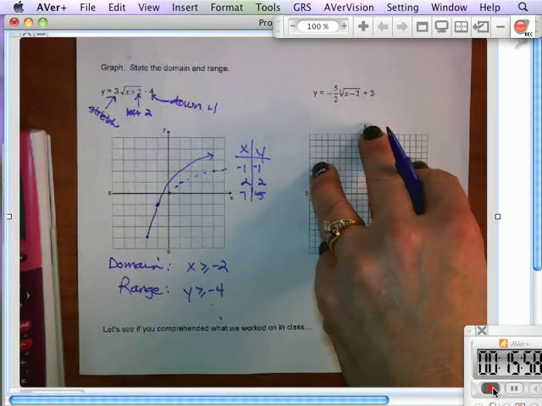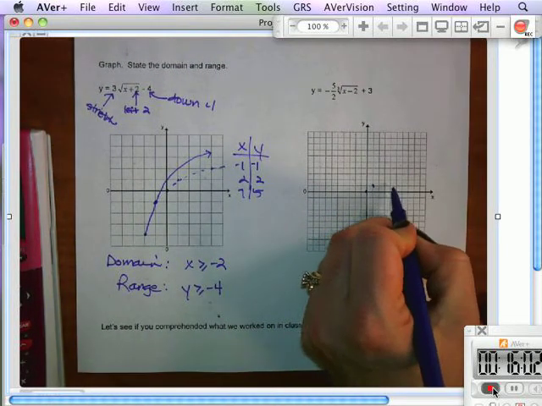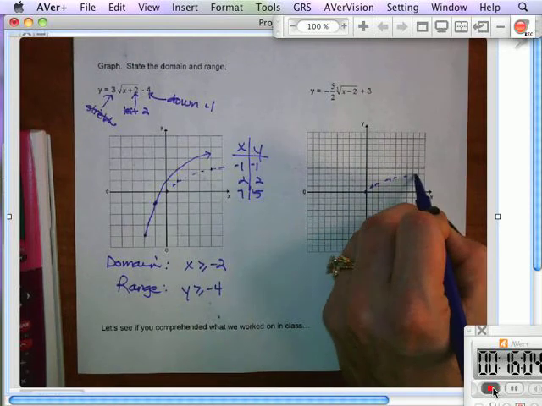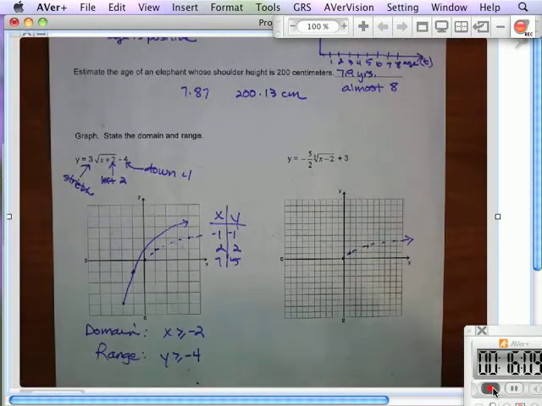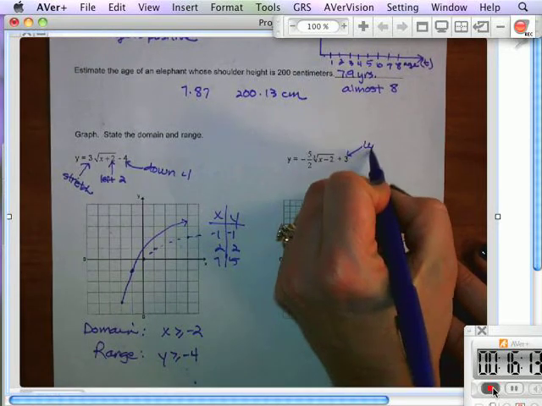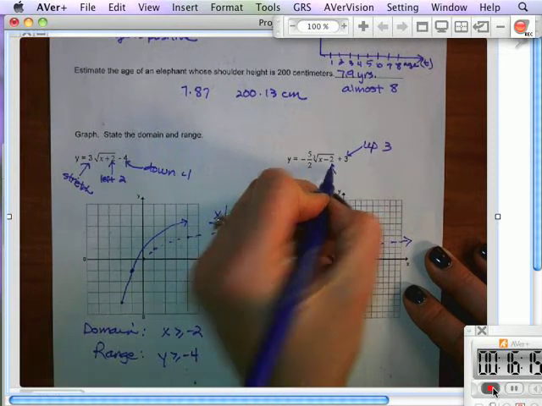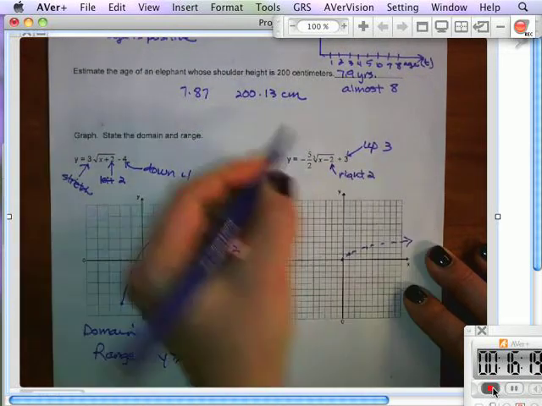See if you can do it. Again, sketch the parent function first. Oh, wait, I'll do this with you. Tell me, what does the 3 do? Up 3. What does this do? Right 2. What does the 5 halves do?